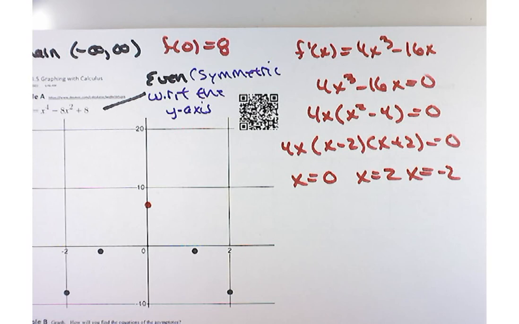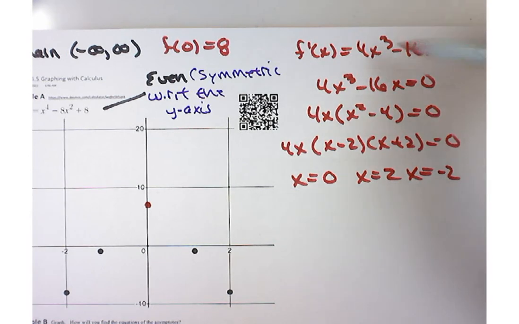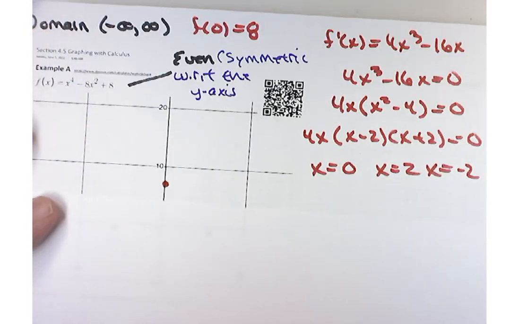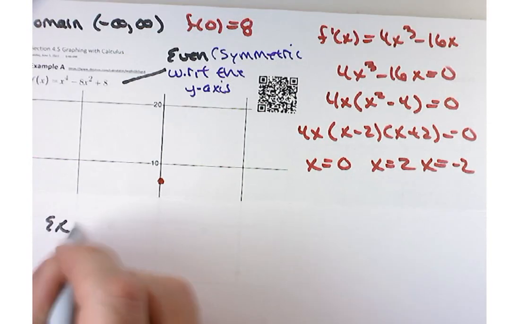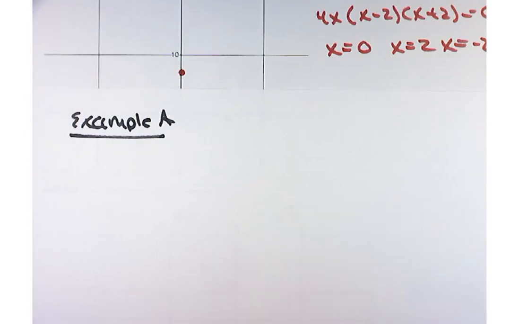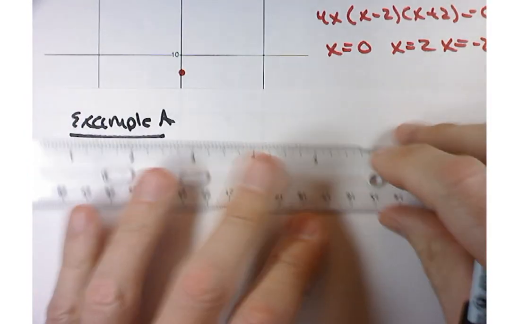Those are the places where the function can change signs, and that function is really our derivative. So let's do ourselves a little table here. Example A. And I hope that you're getting comfortable with these tables because I like seeing them.